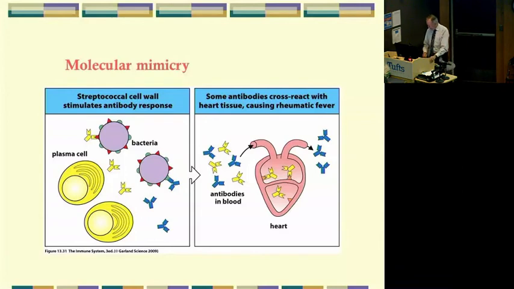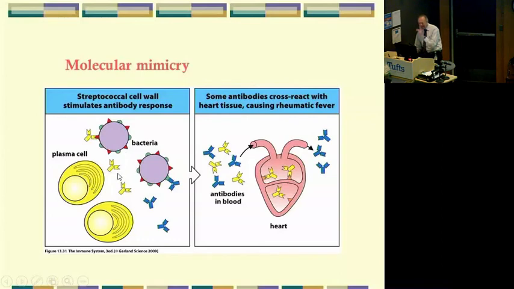Now, the next thing is environmental factors, and we have this concept of molecular mimicry. What I want to show you is that over here we have a streptococcus, and we make antibodies against the streptococcus. Here are the yellow antibodies, which will hit and bind to the streptococcus. That's a good thing.